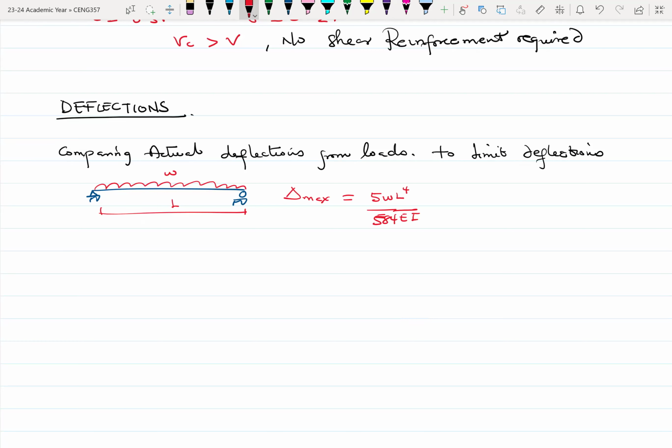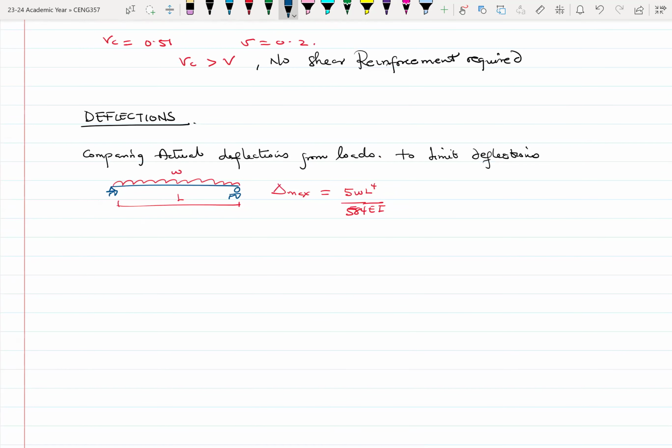Okay, so that's for UDL. If it were simply supported, then let's say again with a point load P at midspan, this is L, then your maximum deflection is PL cubed over 48 EI.